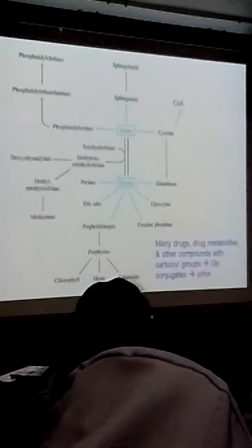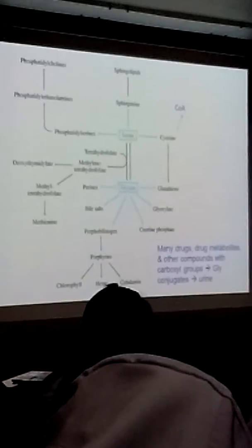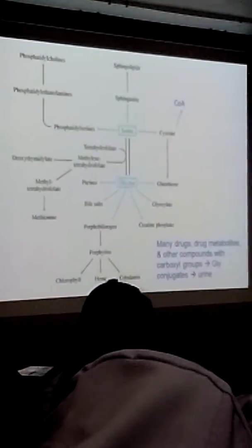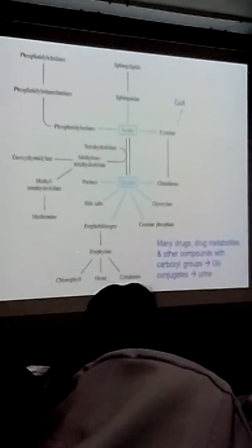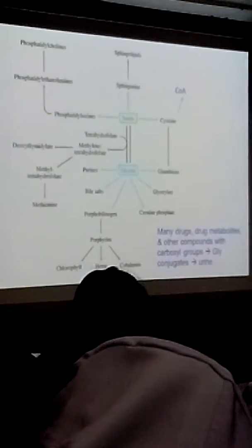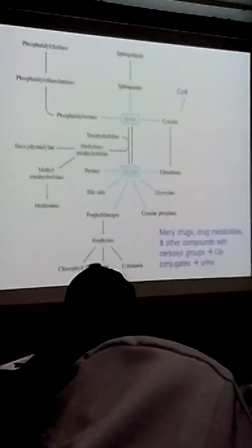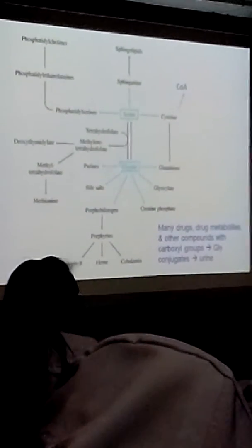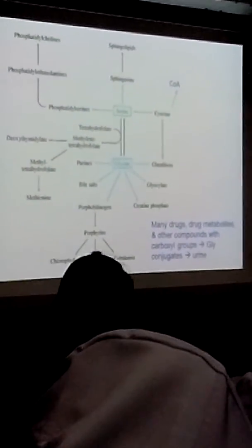There, the phosphatidylcholine. So glycine, purine, bile salts, your porphyrin. What has to be added to form your heme? Glycine plus succinyl-CoA is the starting point to form your heme.